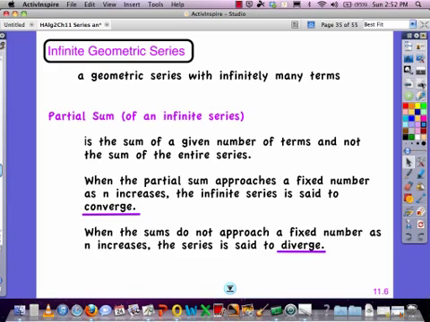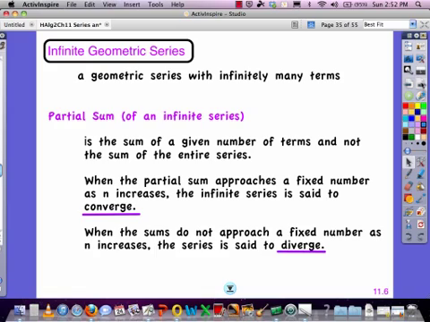A partial sum of an infinite series is the sum of a given number of terms in that sequence, and not the sum of the entire series. Okay? Only the sum of a certain portion of terms.